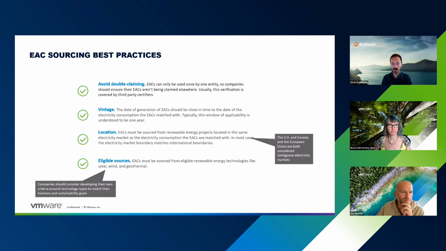Some best practices when you're considering sourcing unbundled EACs. Again, avoid double claiming. This can be avoided by using third-party certification groups like Greenie and Eco Energy and others. Think about the vintage. Vintage is when the EAC was generated. So if the megawatt hours were generated in March of 2022, that's the vintage of the EAC.